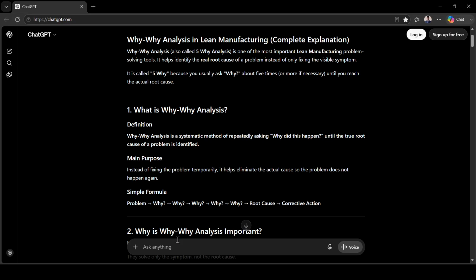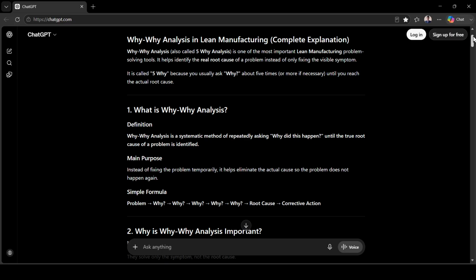It is called 5 why because it usually asks why 5 times or more if necessary until you reach the actual root cause.